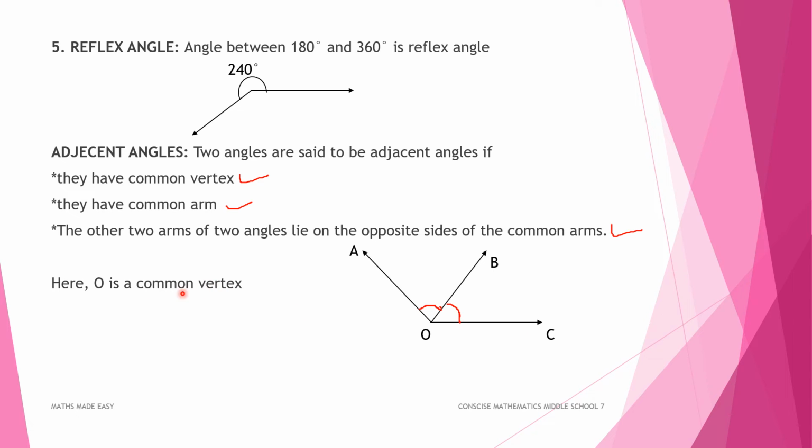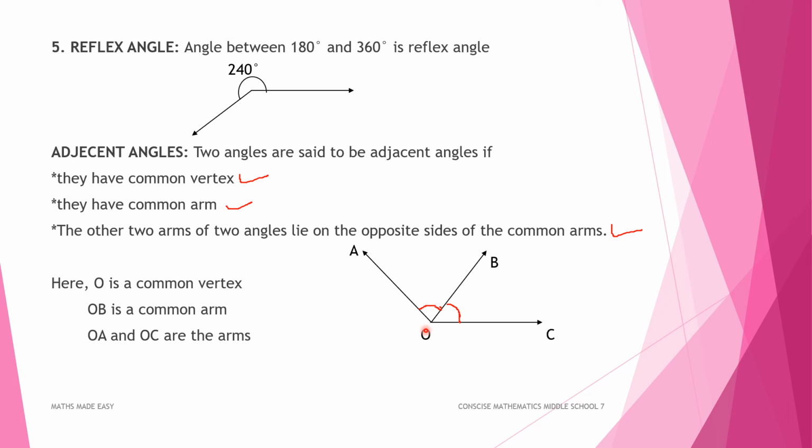I have already explained that O is the common vertex because all three arms share a common point. OB is the common arm, because in angle AOB and in BOC, OB is common.